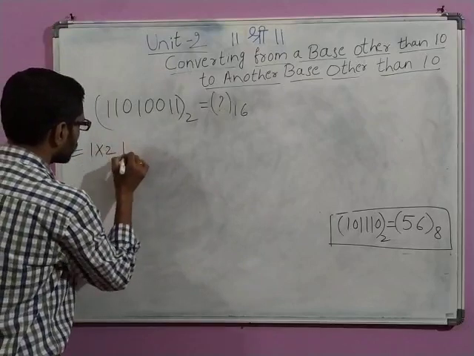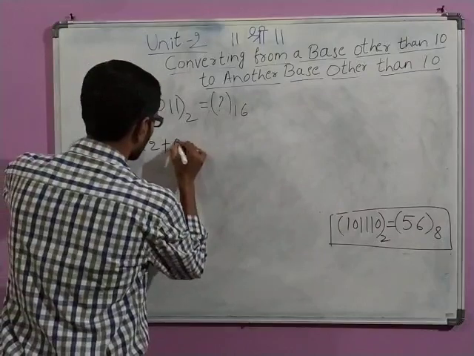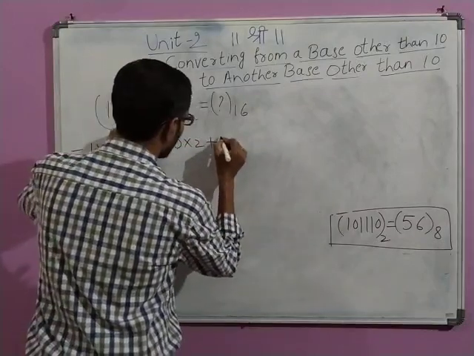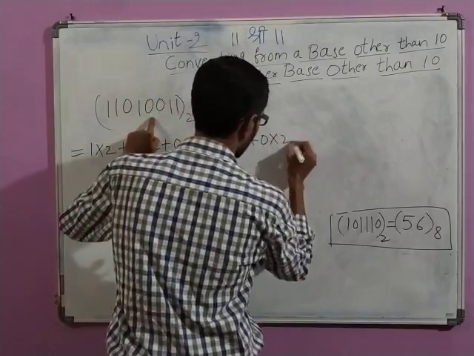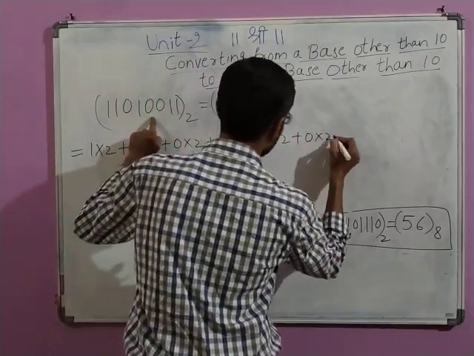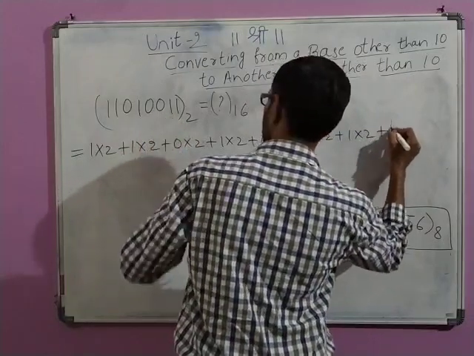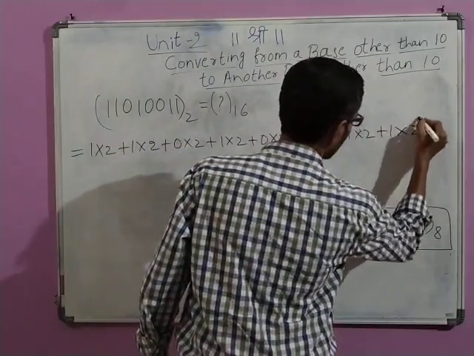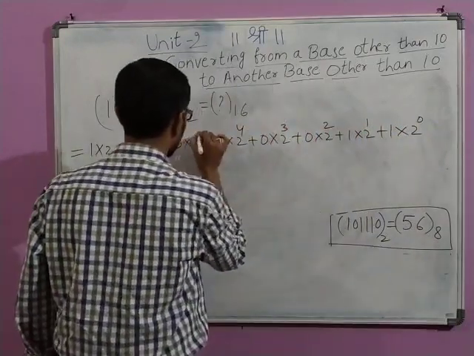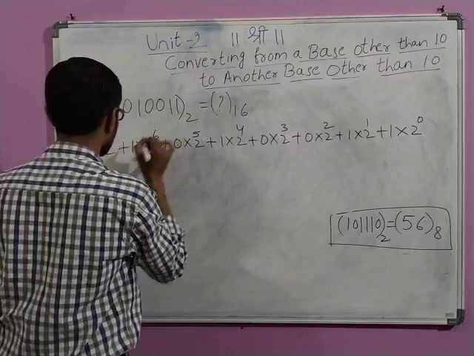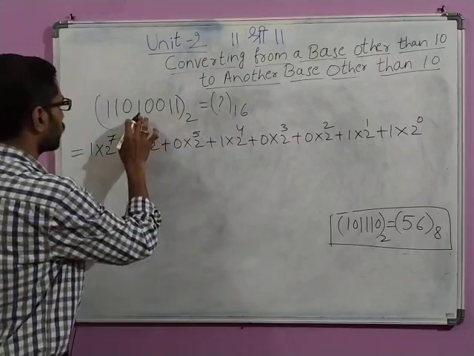1 into 2 to the power, plus 1 into 2 to the power, plus 0 into 2 to the power, plus 1 into 2 to the power, plus 0, plus 0, plus 1, plus 1. So 2 raised to 0, 1, 2, 3, 4, 5, 6, and 7.